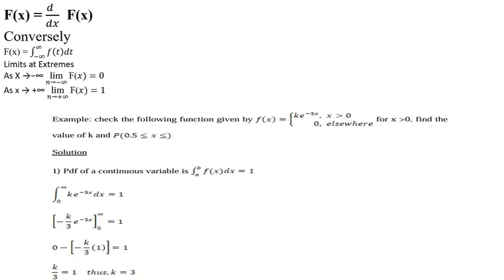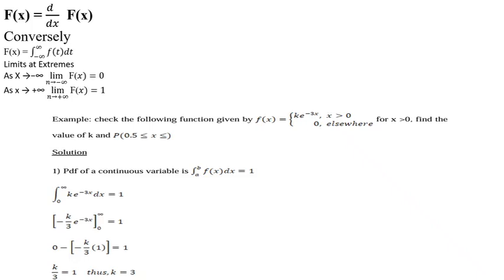Now, let's go to the example. Check the following function given by f of x equals k exponential raised to minus 3x, for x greater than or equal to 0, and 0 elsewhere. For x greater than 0, find the value of k and P of 0.5 less than or equal to X. Solution.